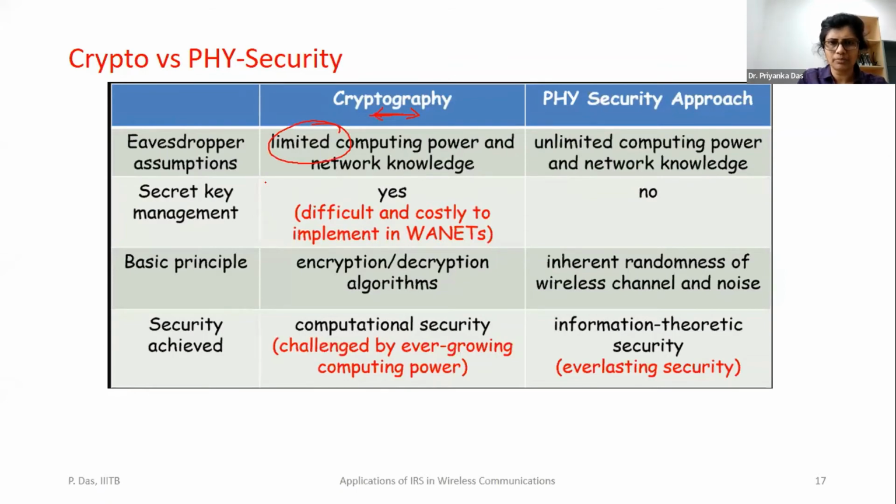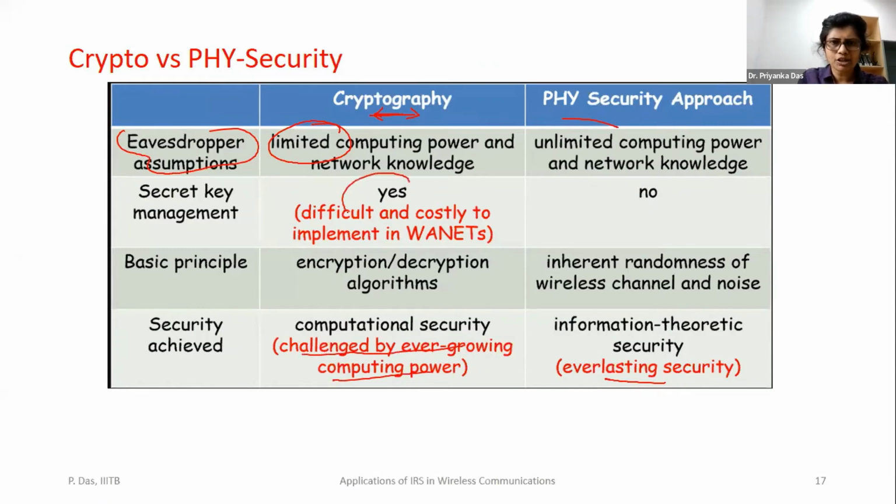If you go to quantum computing, crypto alone will not work. Physical layer security will not have such an assumption that the eavesdropper has limited power or very high power. It will work for both. That's called everlasting security. But the security achieved is challenged by ever-growing computing power for crypto.